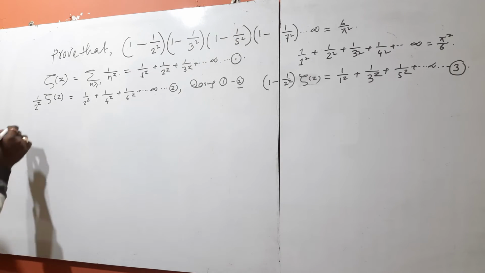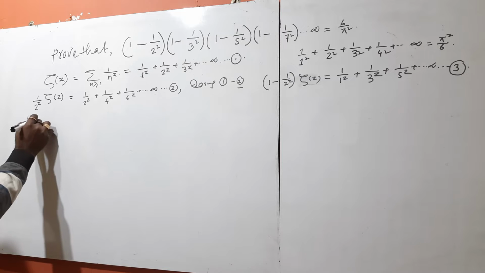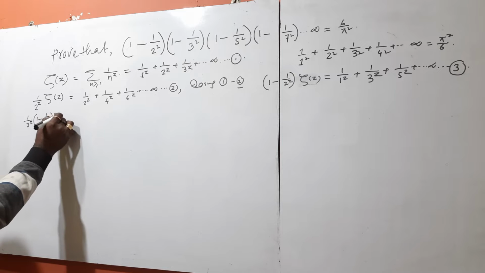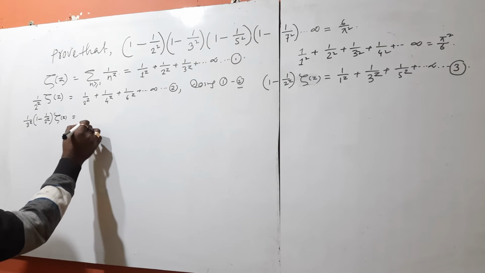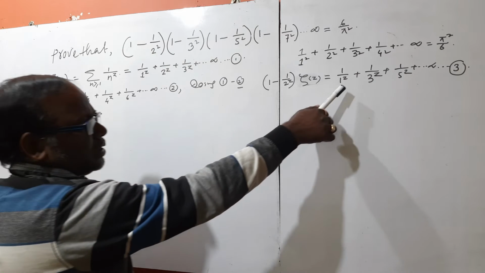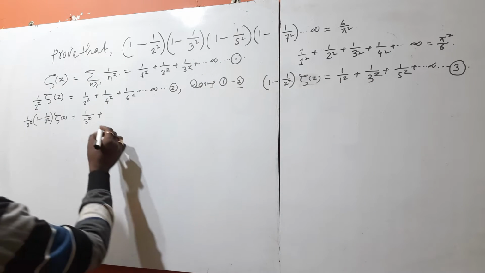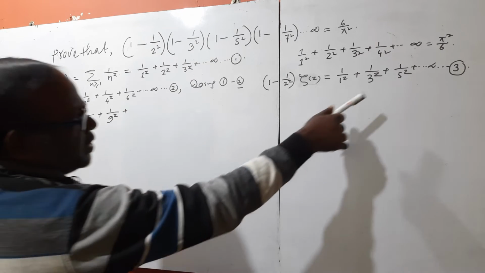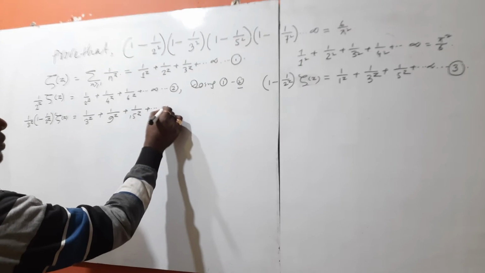Then we get 1 over 3 to the power z times 1 minus 1 by 2 to the power z times the Riemann zeta function. Multiplying 1 over 3 to the power z by this equation, we get 1 over 9 to the power z plus 1 over 15 to the power z plus and so on to infinity.